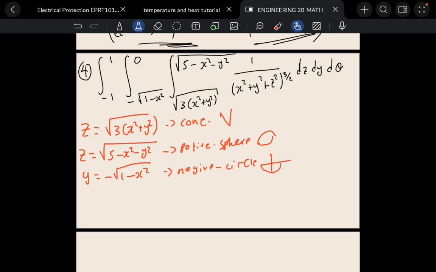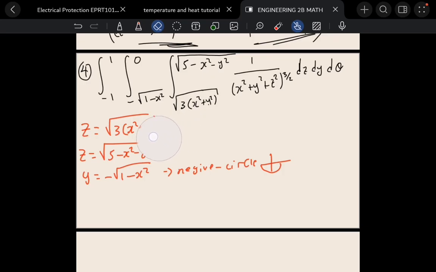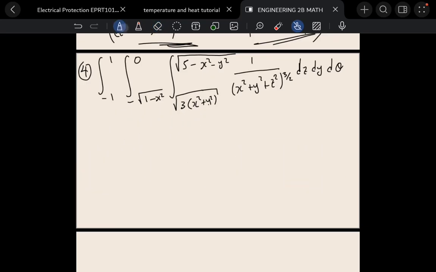So let us draw our full region. Looking at that, let us draw our full region. So I'm just going to remove whatever is here. Drawing the region is quite fun, because I told you whenever there is a cone in a sphere, what do you get?